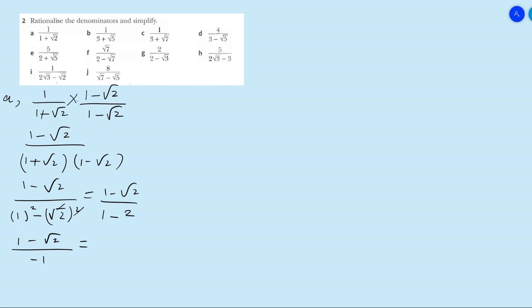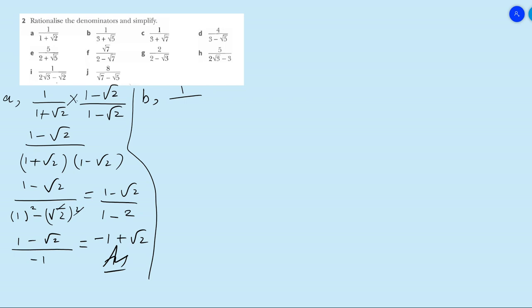You can multiply this minus sign by the numerator. So minus 1 into 1 is minus 1, and minus minus is plus root 2. This is the final answer of part A, minus 1 plus root 2. Come to part B.